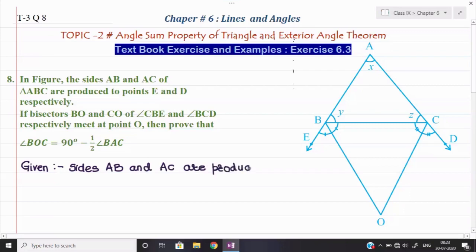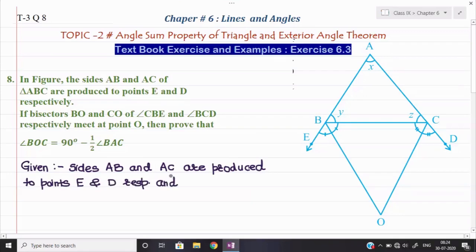To which points? You can check, they are produced to the points E and D respectively.